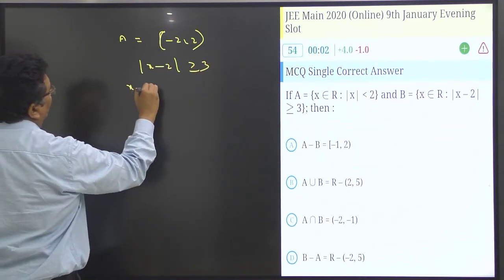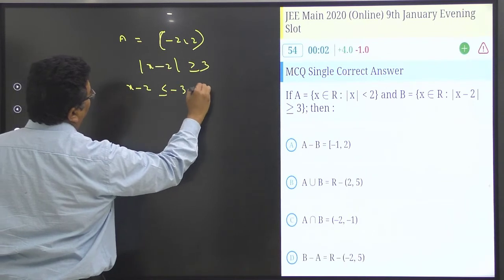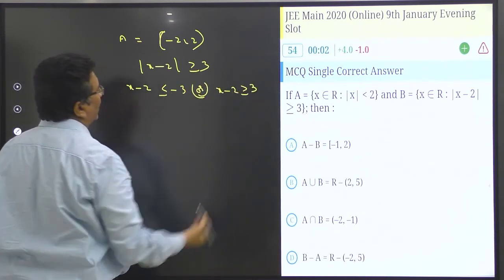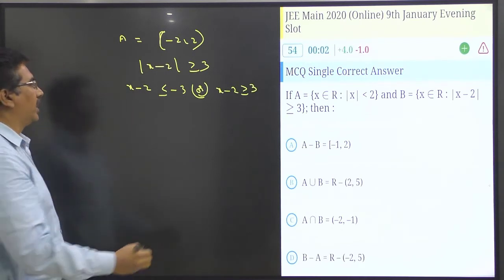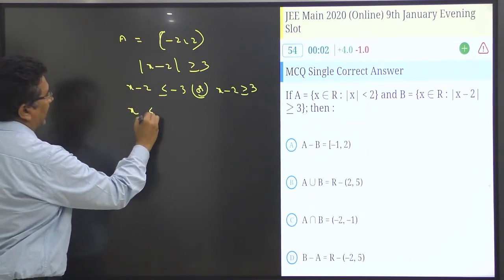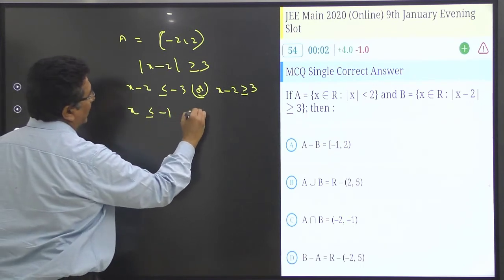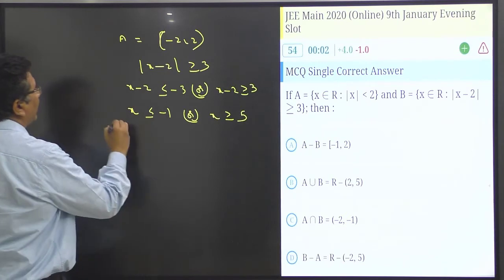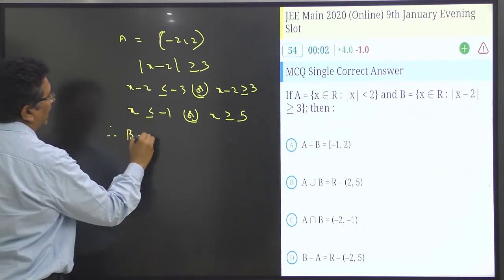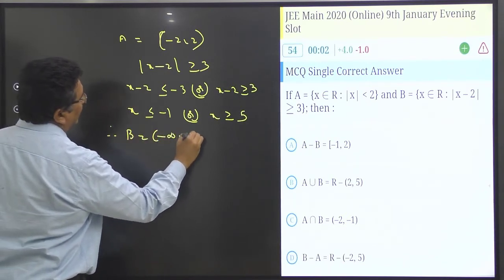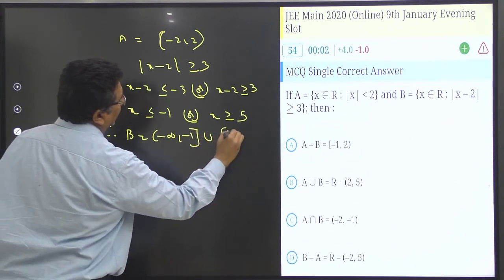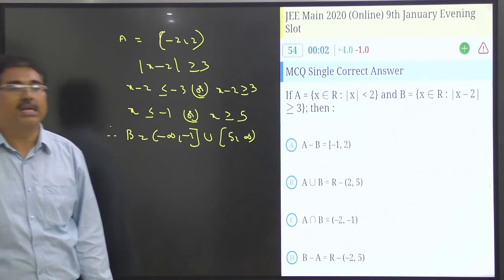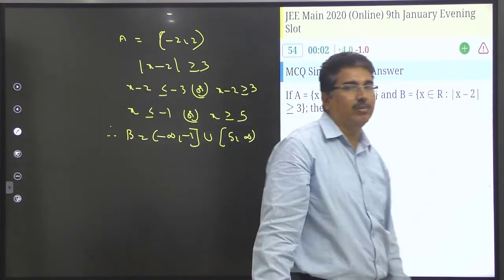So x minus 2 less than or equal to minus 3 or x minus 2 greater than or equal to 3. That implies x less than or equal to minus 1 or x greater than or equal to 5. Therefore, set B is minus infinity to minus 1 union closed interval 5 to infinity. These are the two sets given, A and B.